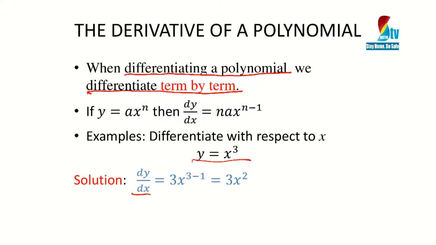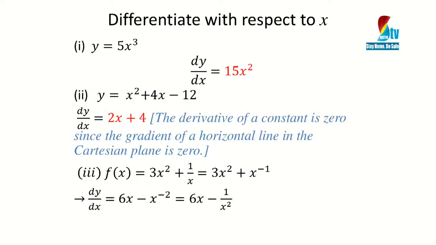If we differentiate that, we multiply by 3, which is the index, and the power of x becomes 3 minus 1, so that we get our derivative as 3x squared.